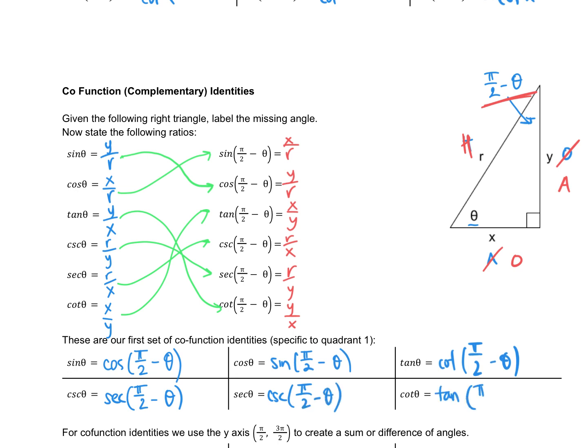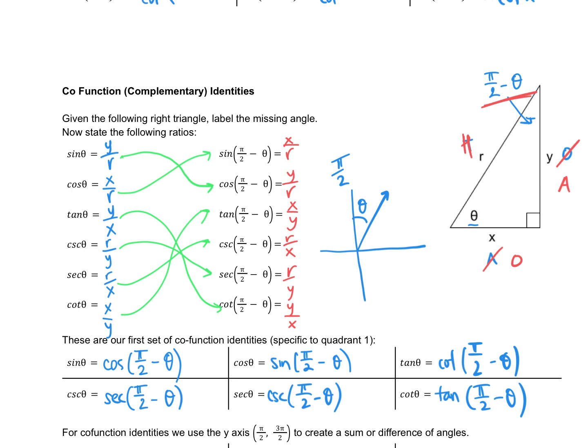Now, if we think of these complementary angles in terms of quadrants, these would be trig identities specific to quadrant 1. So let's look at a small sketch here for quadrant 1. And this is my terminal arm, and pi over 2 is here. So this is angle theta.